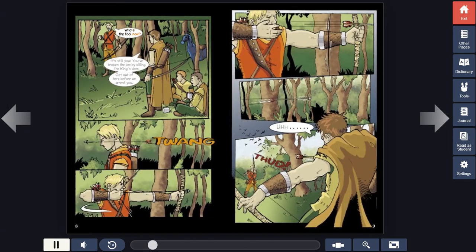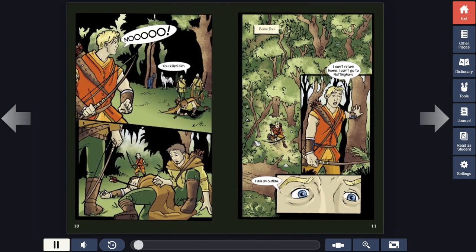Who's the fool now? It's still you. You've broken the law by killing the king's deer. Get out of here before we arrest you. Ugh! No! You killed him! Robin flees. I can't return home. I can't go to Nottingham. I am an outlaw.